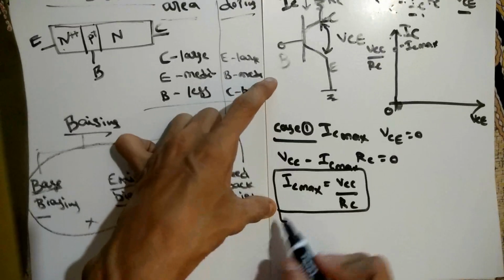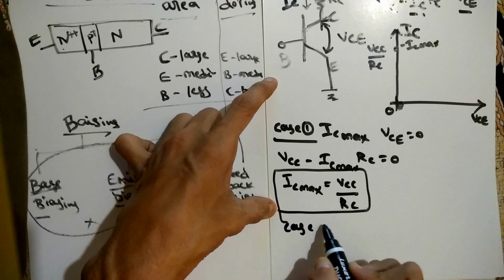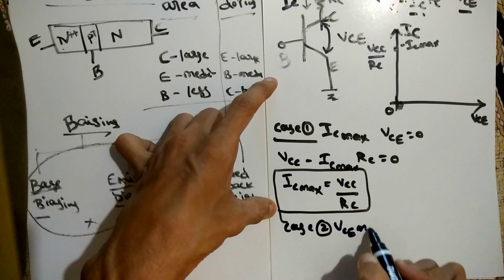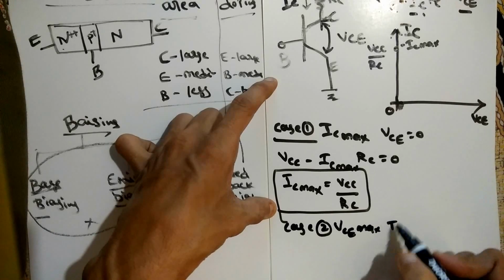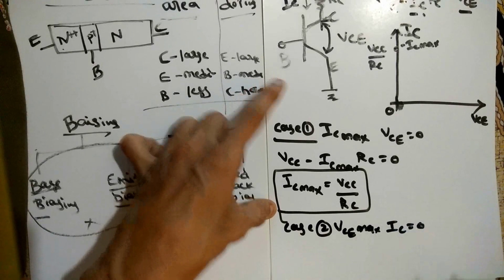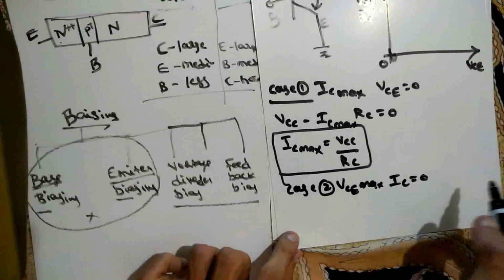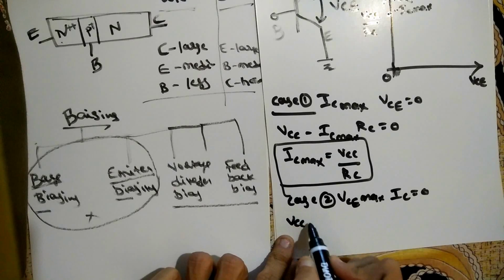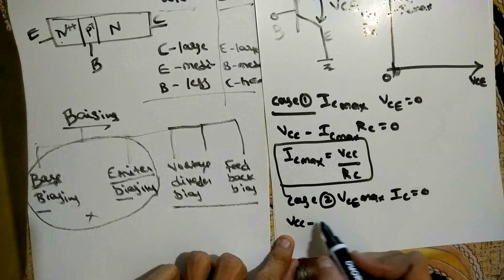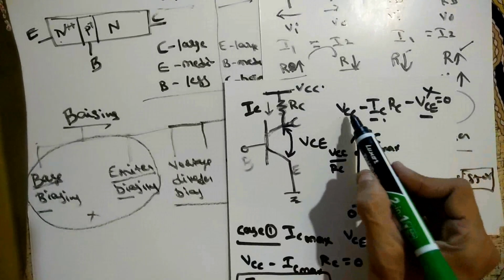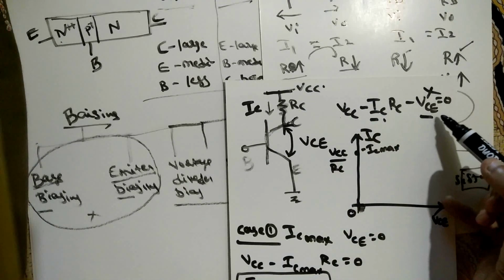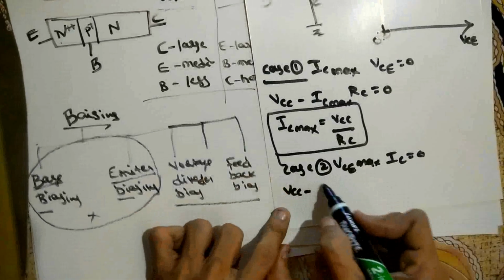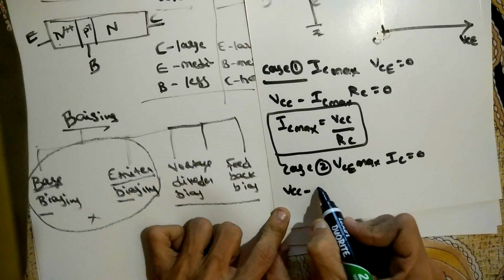In a similar way we go for case 2. What will case 2 do? Case 2 is the reverse operation. That means we take VCE as maximum and IC as 0. Using the same formula, VCC minus IC RC minus VCE, with VCE maximum and IC 0, VCC minus IC RC becomes 0.